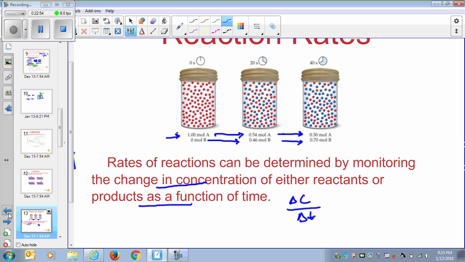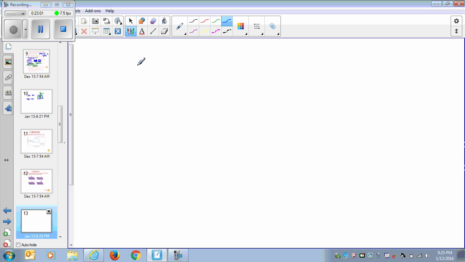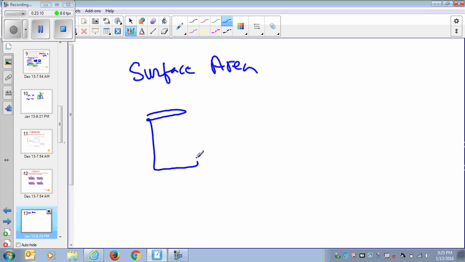But I did not mention one thing when we were talking about factors of chemical reaction, and that is the effect of surface area. If I have an Alka-Seltzer tablet and water here, and I put the whole tablet in it, the water will dissolve the outer layer of the tablet, and then it gets in there.